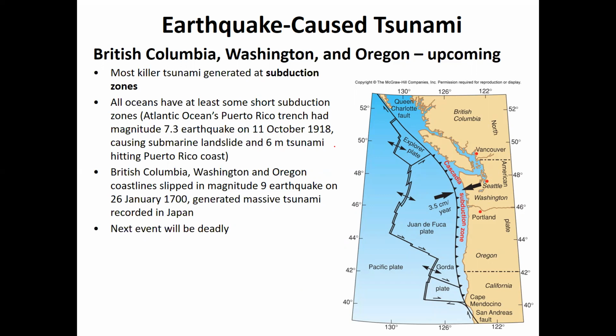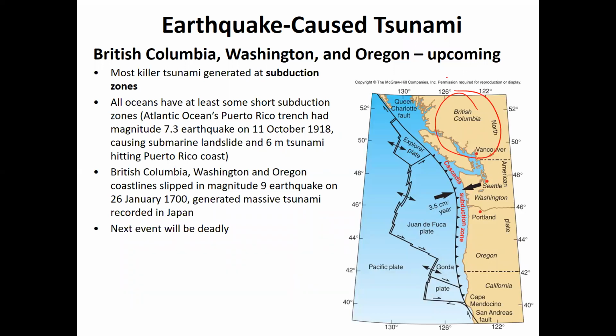British Columbia, which is this part of Canada, north of Washington State and Oregon coastlines, slipped in a magnitude 9 earthquake in the past, on January 26, 1700, which generated a massive tsunami. This was prehistoric time in this part of the country, but there is a record of the tsunami, as we saw in our lecture about earthquakes in the geologic record, and also in the biological record in the trees being killed along the coast by being flooded.